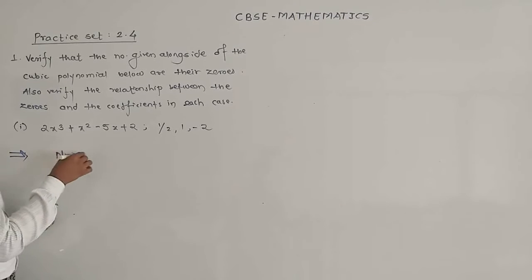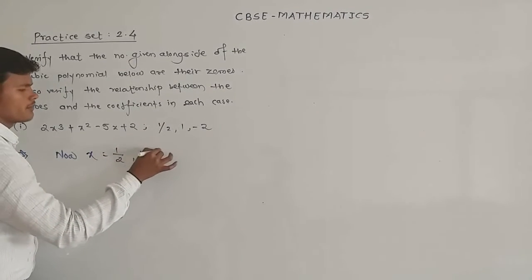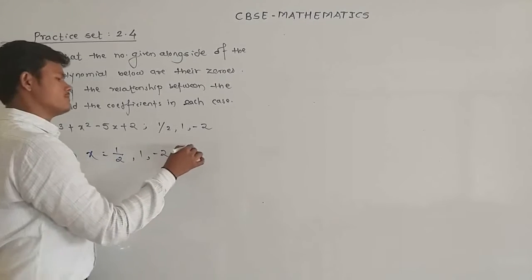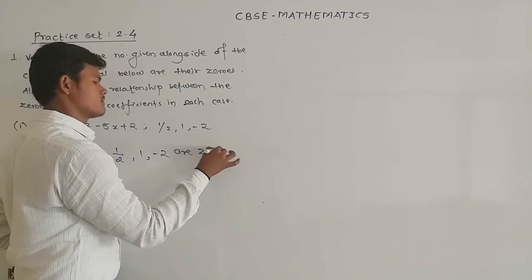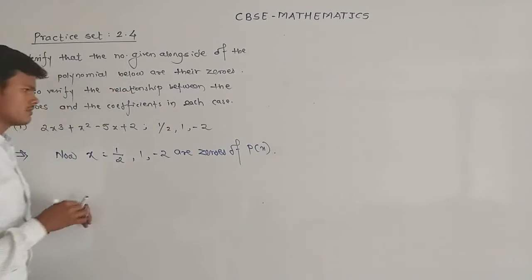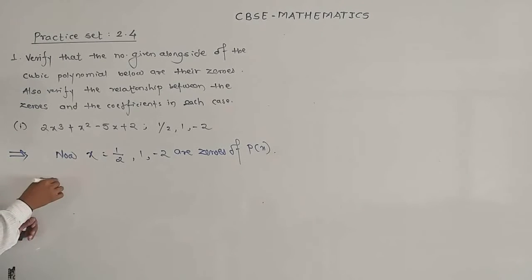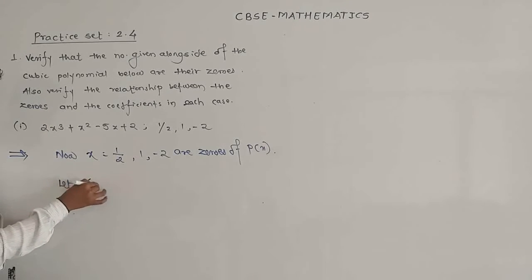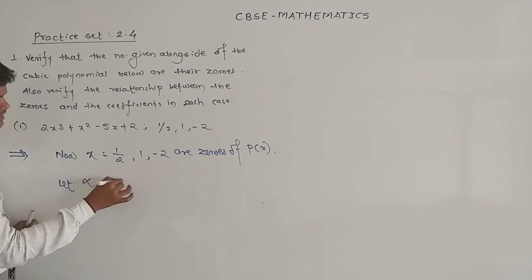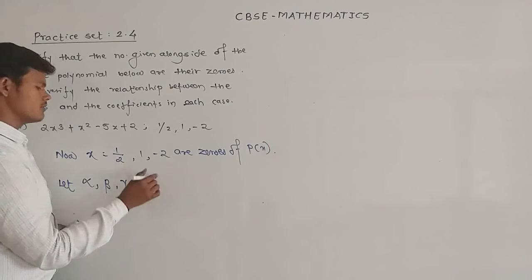Now x equals to 1 by 2, 1 and minus 2 are zeros of polynomial p of x. To verify the relationship between the zeros and the coefficients, let alpha, beta, gamma be the zeros of the polynomial.